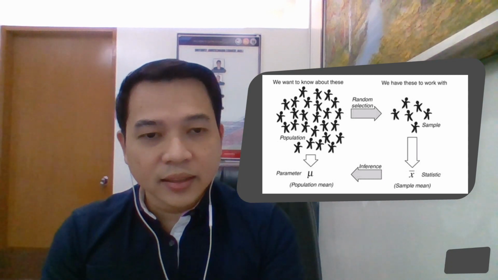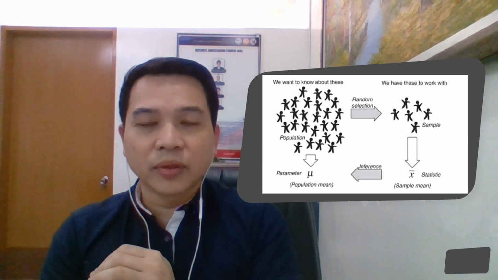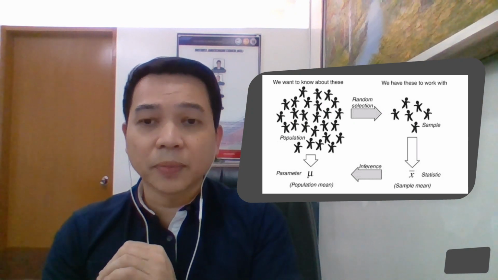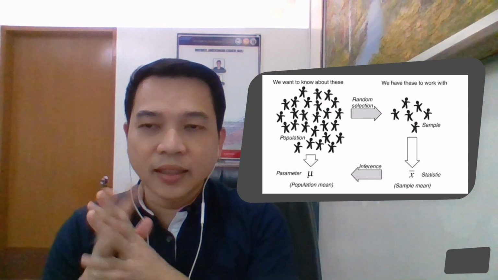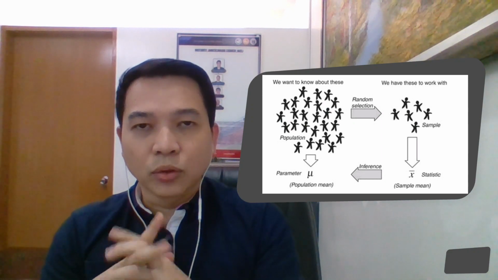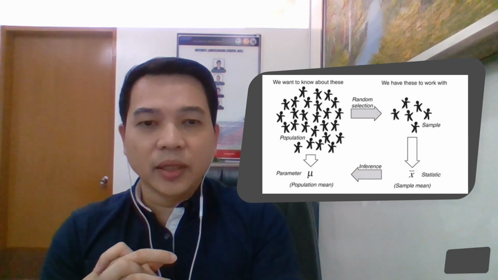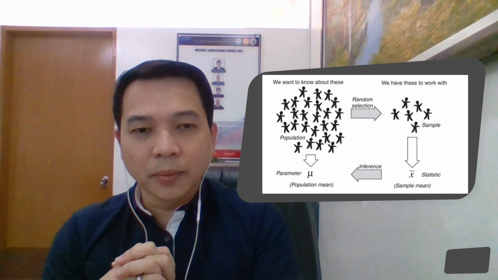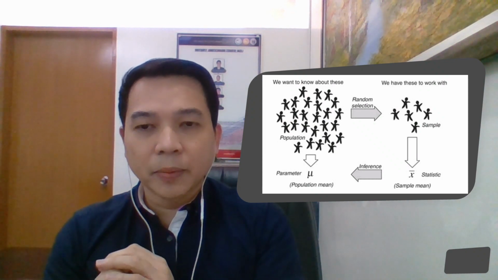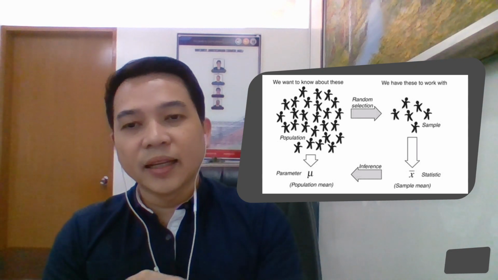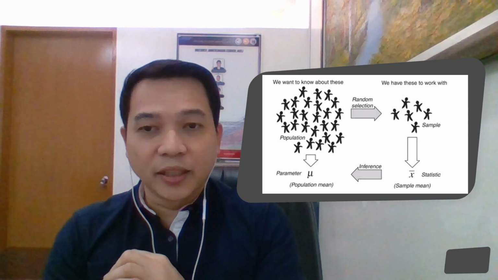That is where the statistics come in. For example, the mean scores of the responses of the respondents or the participants. And from that, we try to again generate a bigger conclusion. We try to correlate it, we try to compare it. Then we arrive at new information coming from the statistic that is reflective of the parameter. And the parameter, again, is the characteristics or the measurement about the population. Okay.